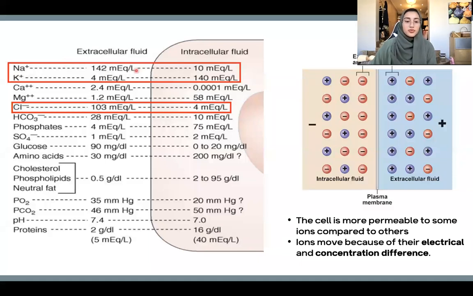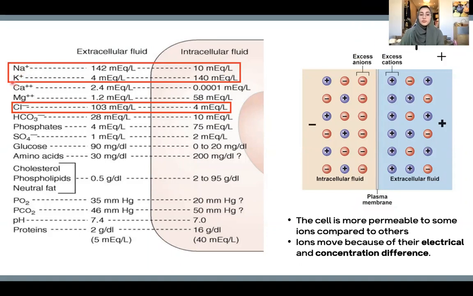So you have 142 milliequivalents per liter, for example, outside of the cell, but only 10 milliequivalents per liter inside the cell. And for potassium, you have 4 milliequivalents per liter outside, but 140 inside. So always remember, sodium is outside the cell and potassium is inside the cell.